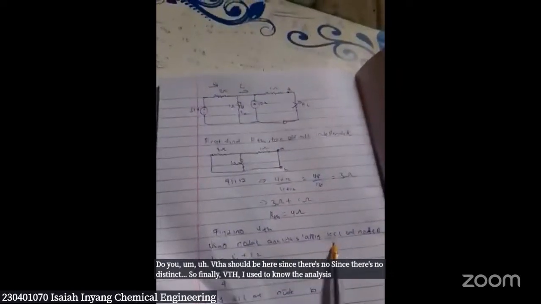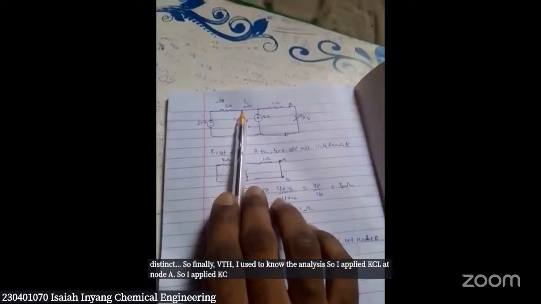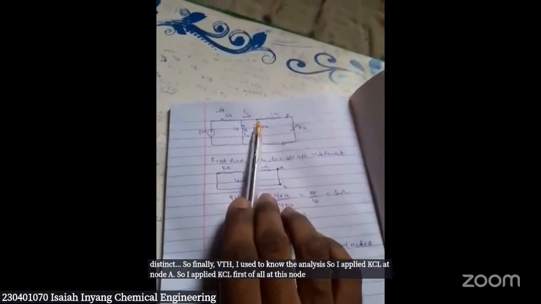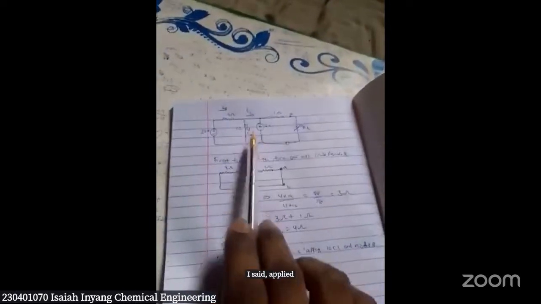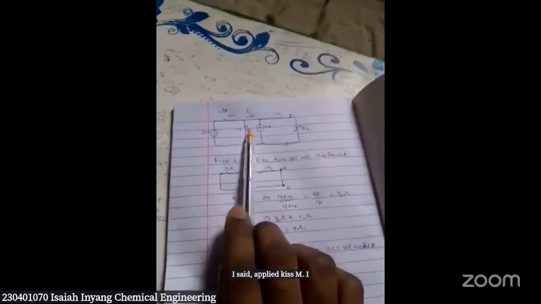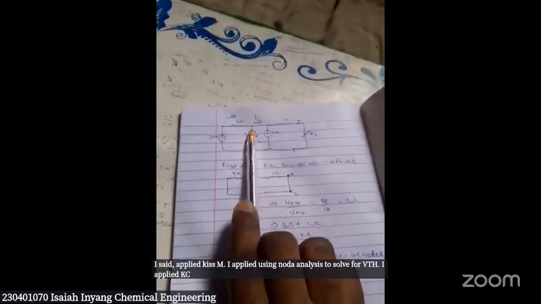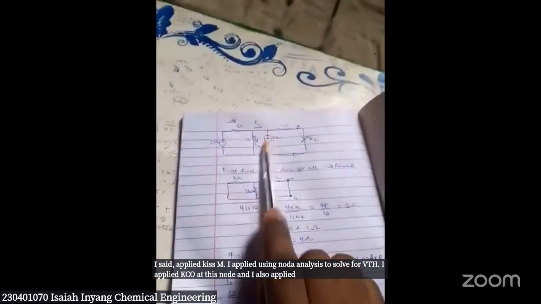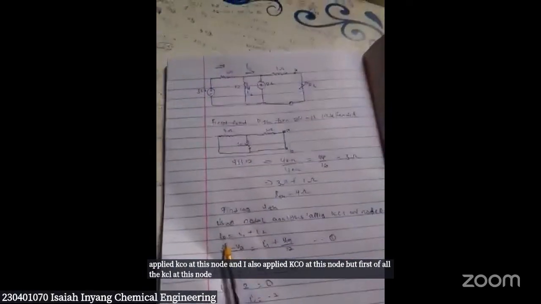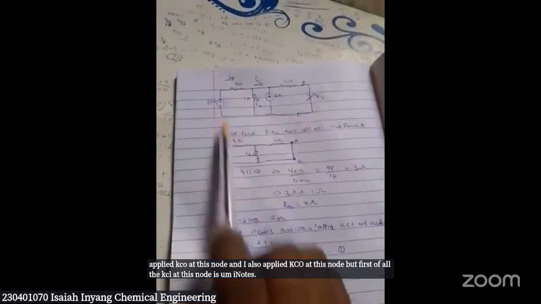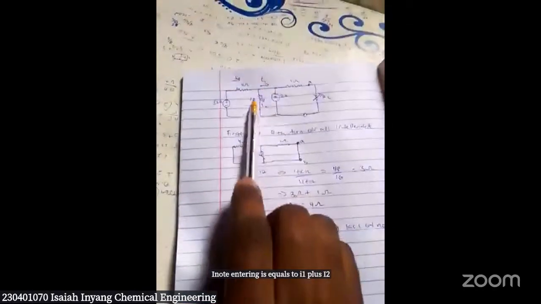I applied KCL at node A. I applied KCL first at this node, and I also applied KCL at this other node. But first, the KCL at this node is I naught entering is equal to I1 plus I2. That's this I1 and this I2.